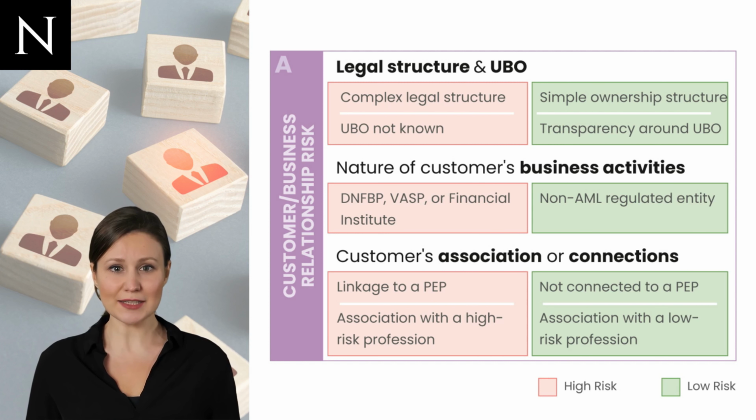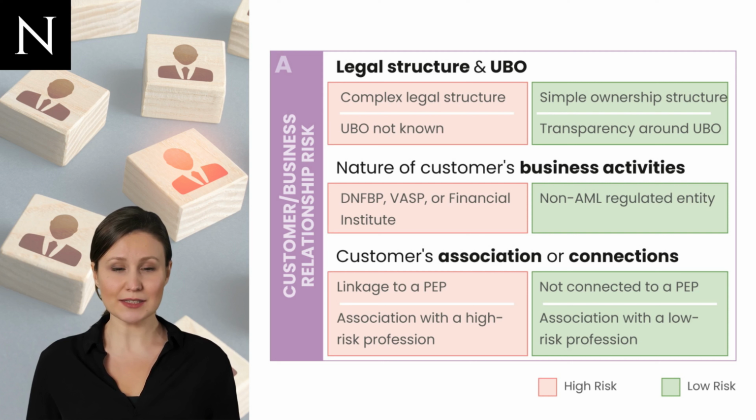One of the key risk factors is the type of customer and the business relationship you have with them. For example, the risk is low if the customer has a simple ownership structure and transparency around ultimate beneficial owners. But a customer with a complex legal structure and an unknown UBO can pose higher risks to your business.